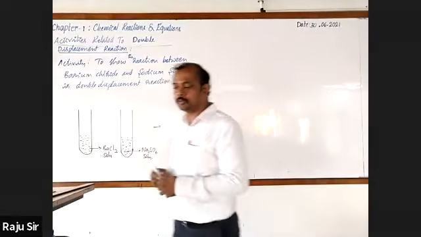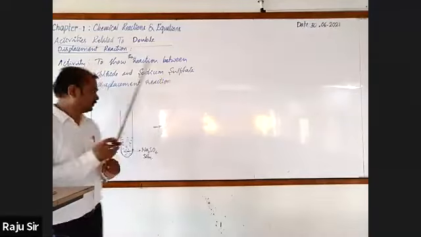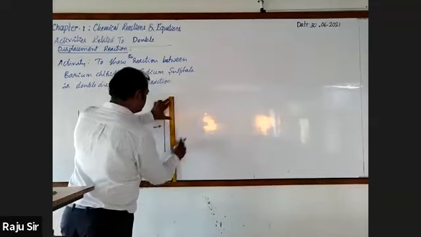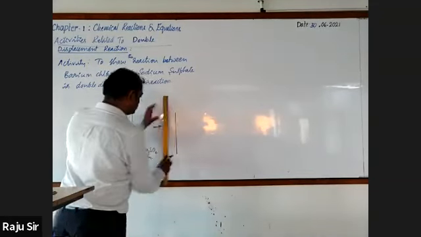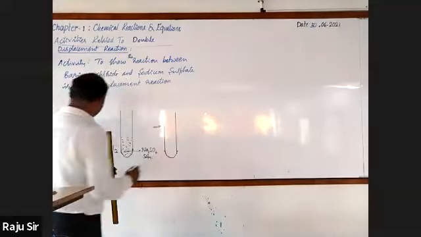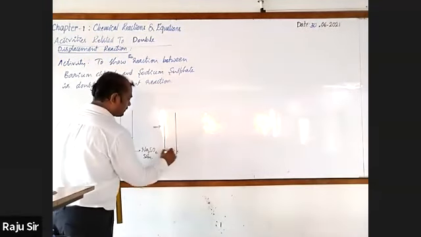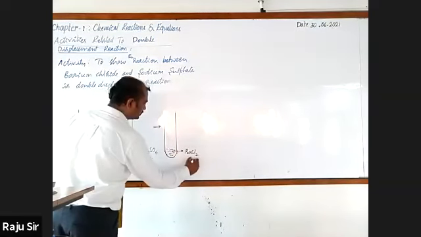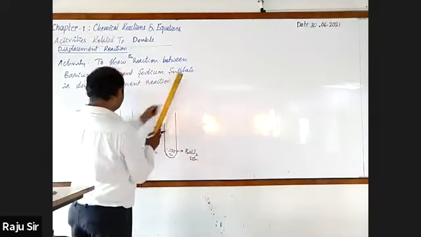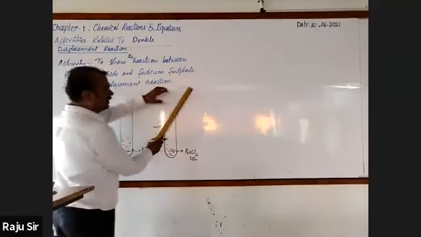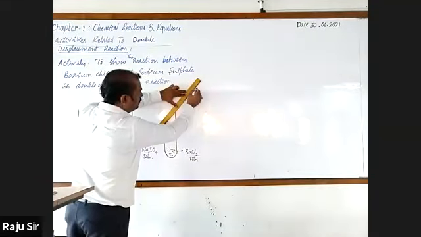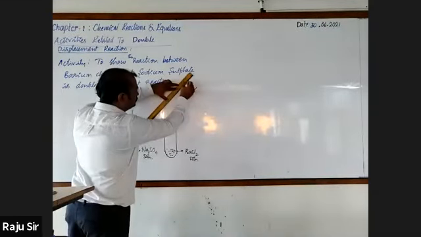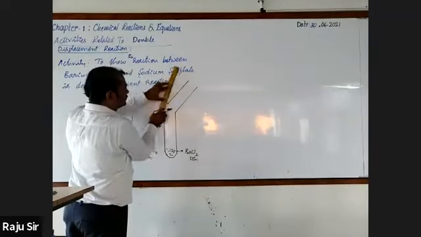BaSO4 is formed. Now let me draw the figure related to it. Draw a test tube in which barium chloride, BaCl2 solution, is present, and we will add sodium sulfate solution into it. Here I am drawing one more test tube, like this.